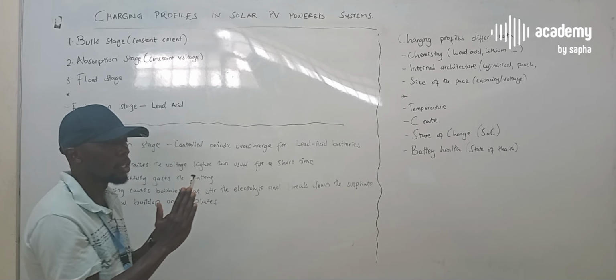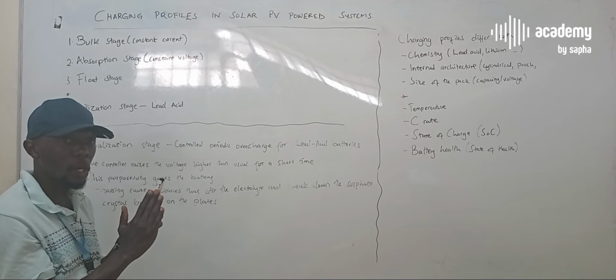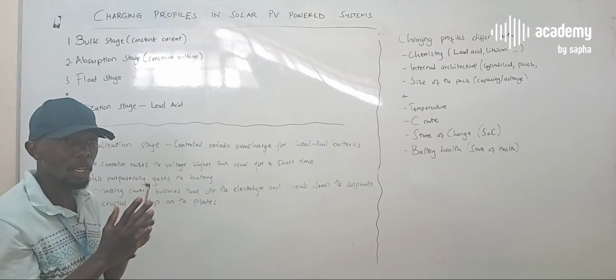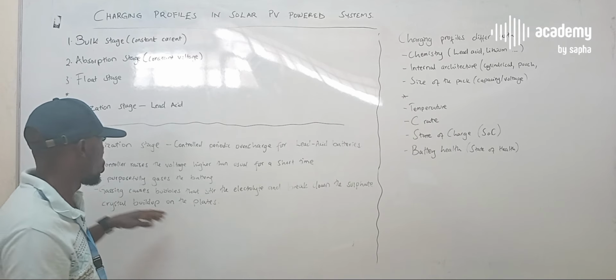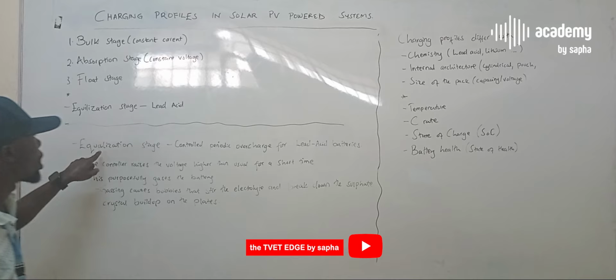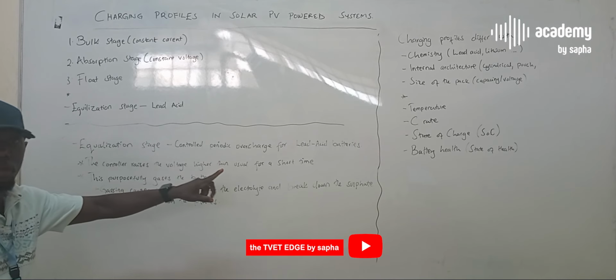So in most systems, when the crystal forms, it means that the charge capacity of each cell is being reduced. To prevent that from happening, you need to do an equalization stage charging for lead acid batteries periodically.